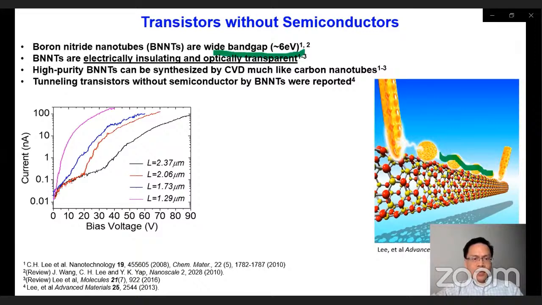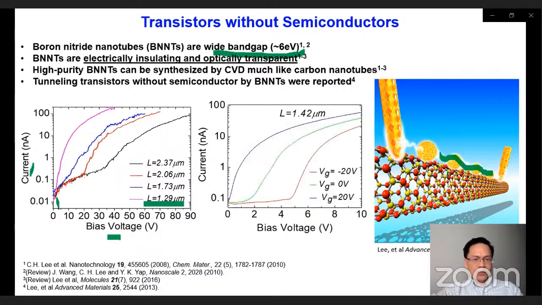As you can see, as we decrease the channel length, the current flow versus the bias voltage starts to initiate at lower bias voltages at shorter channel length, which means the short channel effect that was described earlier in conventional transistors is not present here. And we have also demonstrated the gate effect from these devices.